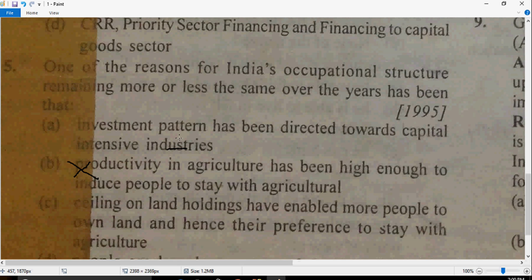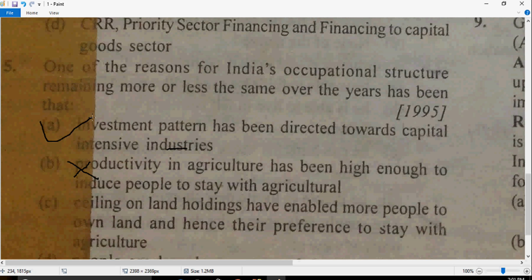Our economic planners are not emphasizing the development of small scale industry in the plan strategy. That's why A will be correct, because the question is asking why the occupational structure has remained more or less the same over the years. So 5 is going to be A.